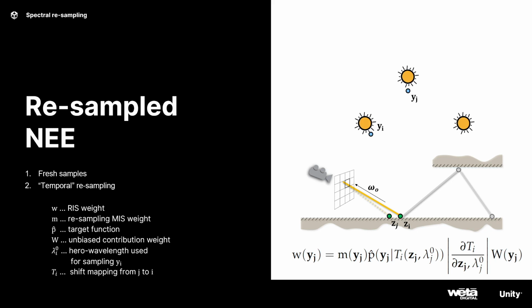Note that the wavelength is part of this Jacobian. However, in our experimental implementation, we set the part that corresponds to the change of wavelength from the previous hero wavelength lambda j to the current hero wavelength lambda i to 1. It doesn't seem to yield any problems, but we would like to investigate this deeper to know how we should set it properly.